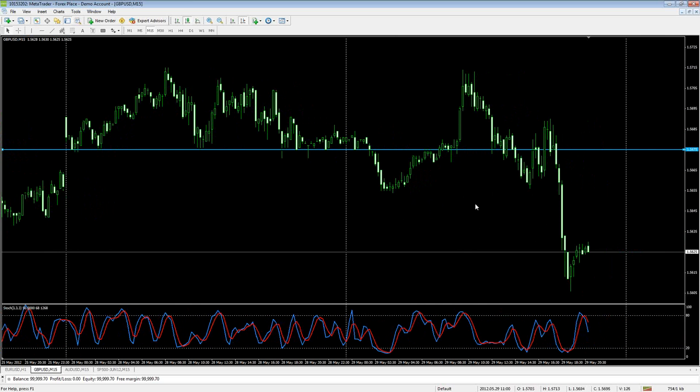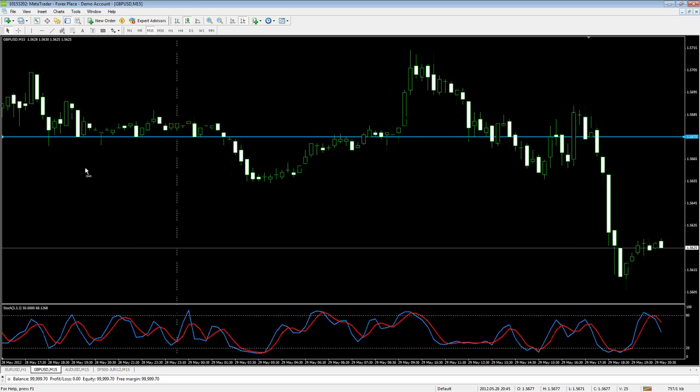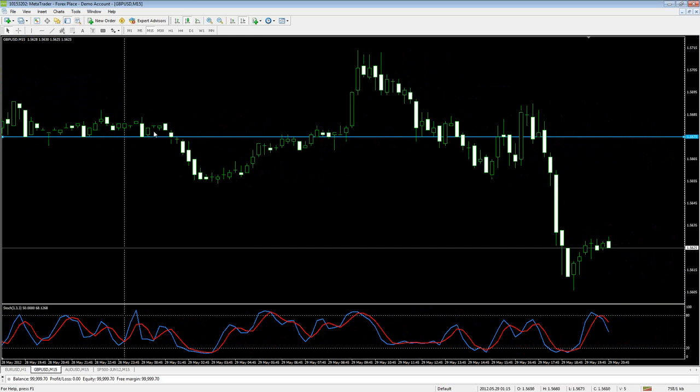And again, we talked about false breakouts and about the power. If you see here that the sellers are stronger, and it starts going down. I would probably enter here because I say, the support line was broken, and now it serves as resistance.